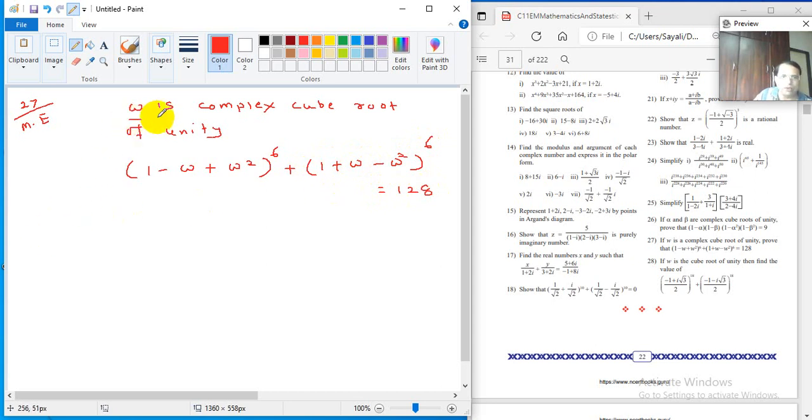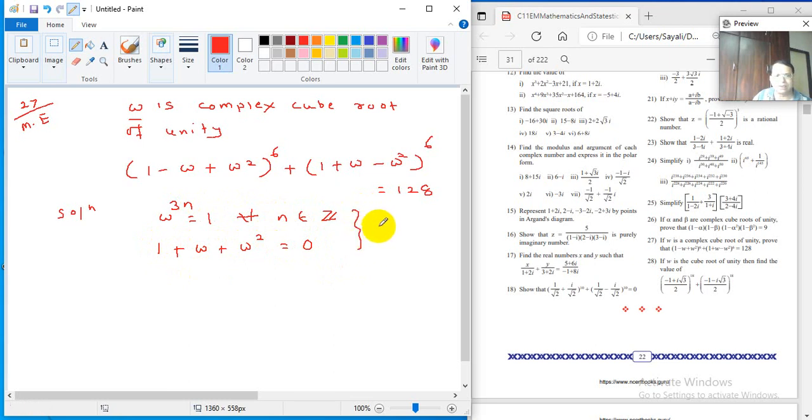Now, solution. When they tell you omega is a complex cube root of unity, immediately you must remember certain rules. Omega raised to 3n is 1 for all n belonging to Z, and 1 plus omega plus omega squared must be 0. These two rules we have to know.